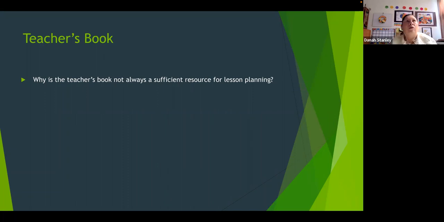Or sometimes you leaf over your teacher's book, but in the end you say, híjole, this is very challenging. The way it is proposed in the teacher's guide is really high for my students, or I don't have enough information. I just have the answers.